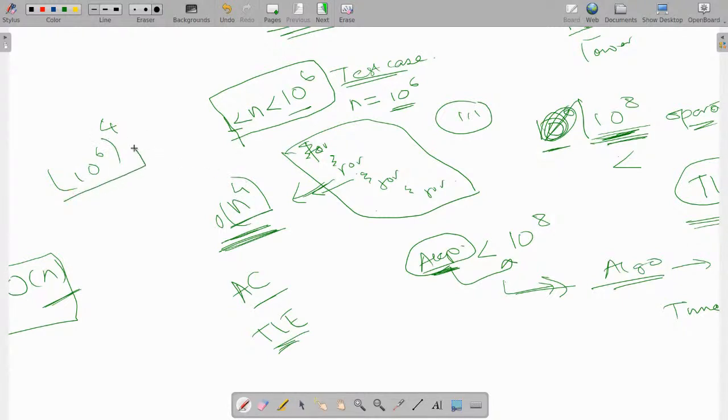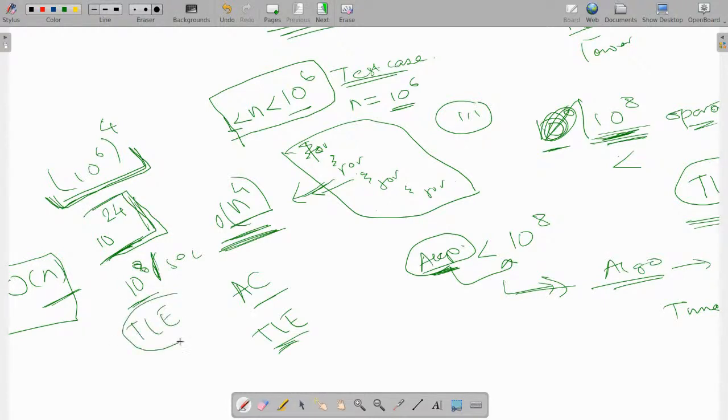So our algorithm will try to evaluate this many operations in 1 second, which comes out to be 10 power 24. Now any server out there can execute only 10 to the power 8 operations per second, and we are supplying it 10 to the power 24. We are telling it to compute 10 to the power 24 operations per second. So the server will fail and we will get a TLE, time limit exceeded.